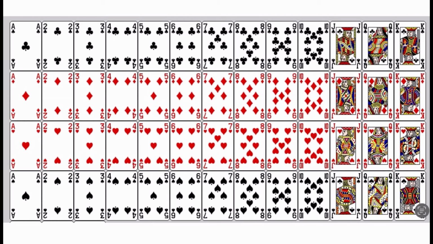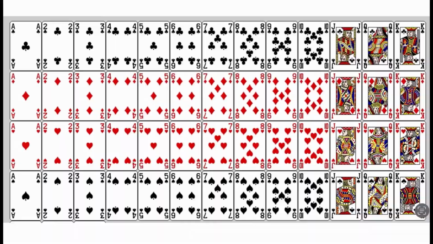At the end, on the right-hand side, you see jacks, queens, and kings. Those are what are called either face cards or picture cards. So there's a total of 12 picture cards. There are 4 suits: the clubs, the diamonds, the hearts, and the spades. There are 13 cards of each suit.